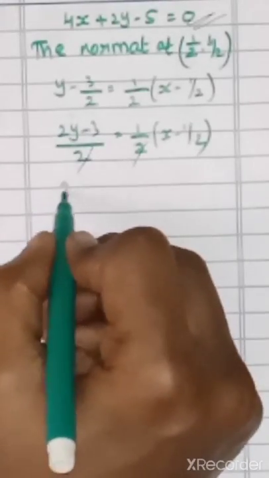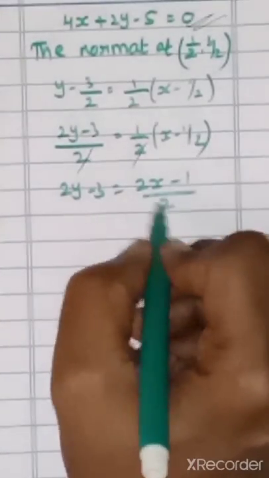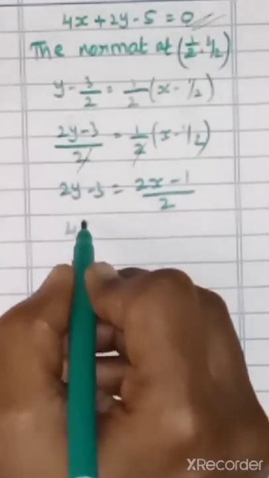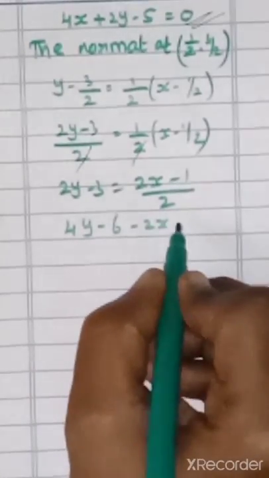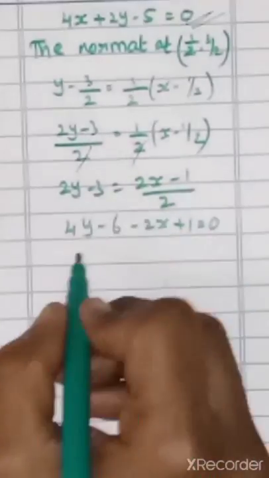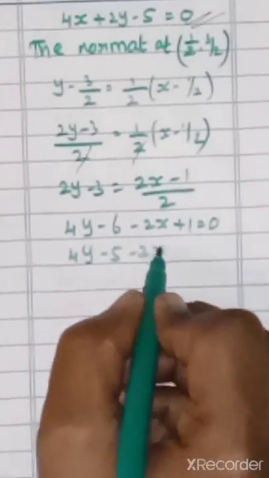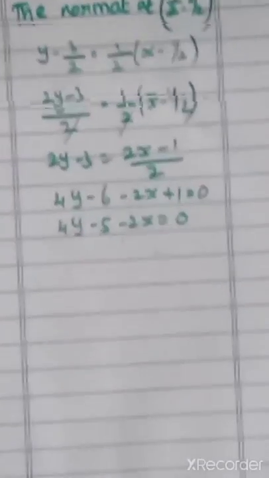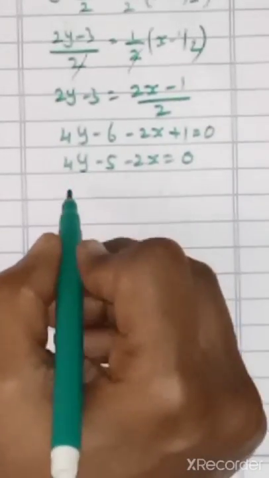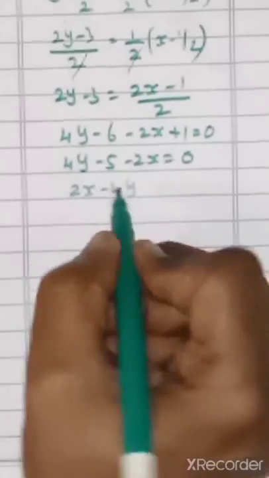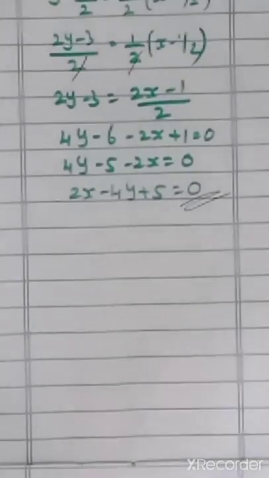So again what you will get? 2y minus 3 equals, taking LCM, 2x minus 1 by 2, and again take this 2 to that side, you will get 4y minus 6, and taking everything to one side, minus 2x plus 1 equals 0, and simplify this, you will get 4y minus 5 minus 2x equals 0. And always the x value should start with plus, so multiply this with minus 1, you will get 2x minus 4y plus 5 equals 0, which is the equation of normal.